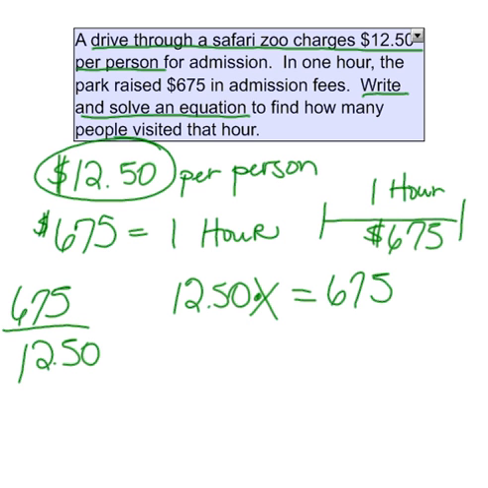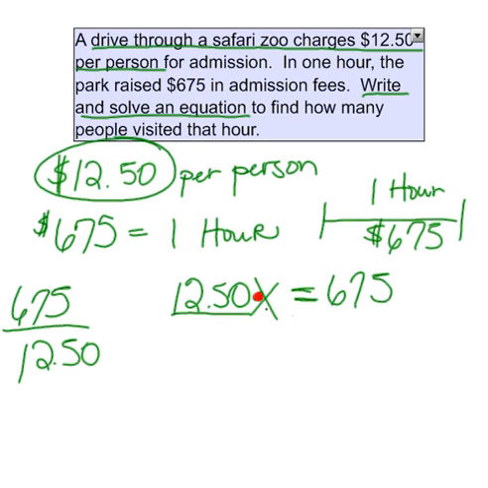All right, so think about this. $12.50 per person times however many people came through equals the amount raised. To figure out the answer to this, remember to isolate the variable. Our variable is x, so it's stuck to this number, $12.50, like glue.